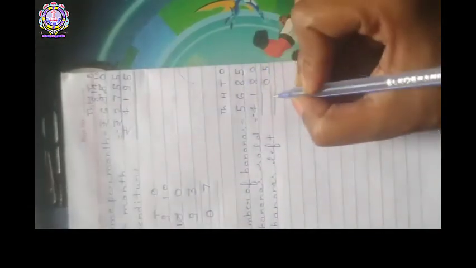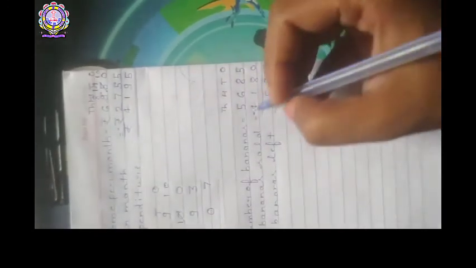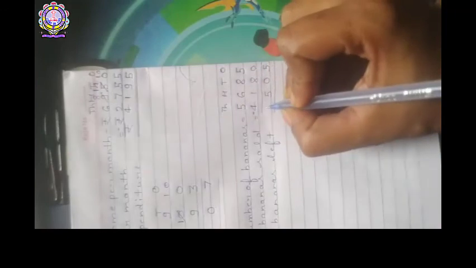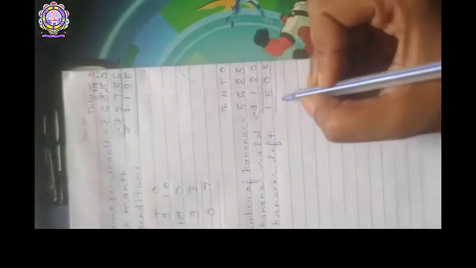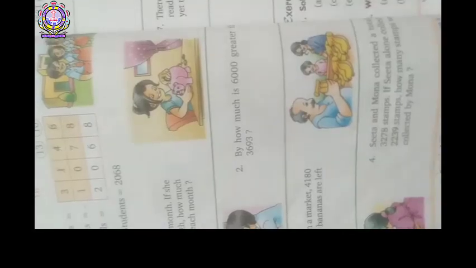Subtract hundreds, 1 from 6 is equal to 5. And subtract thousands, 4 from 5 is equal to 1. The number of bananas left is 1,505.